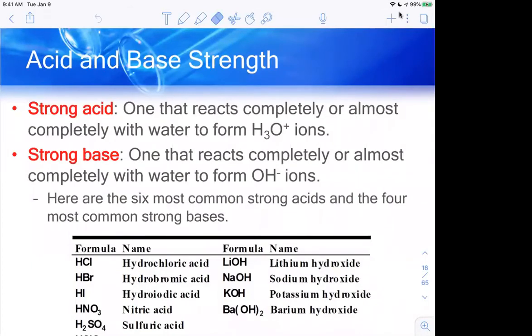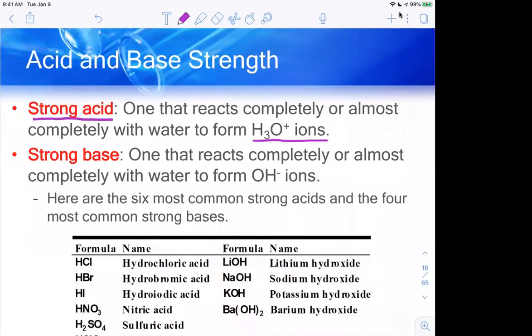So what we have is a couple of ways to tell how strong acids and bases are. One is the extent of dissociation. So a strong acid is something that reacts completely or almost completely to form H3O plus ions.